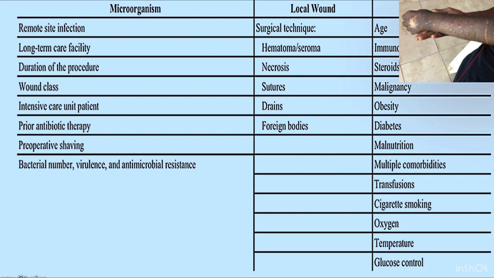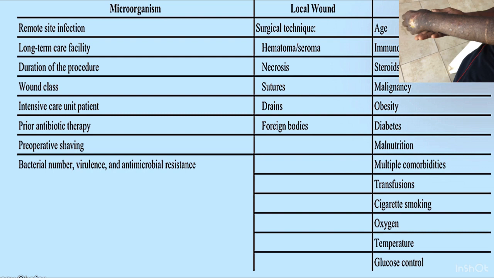Also, drains. Drains are foreign bodies, so there has to be an appropriate indication for the use of a drain before it is used, because they could also serve as a risk factor for surgical site infection. Then for the patient factor, talk about the age. Increasing age would increase the risk of surgical site infection.